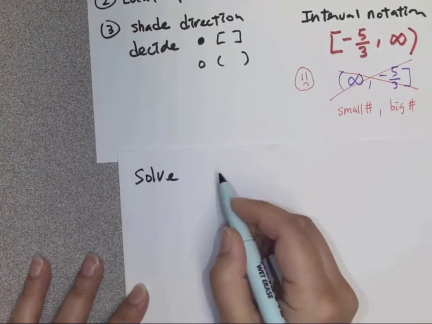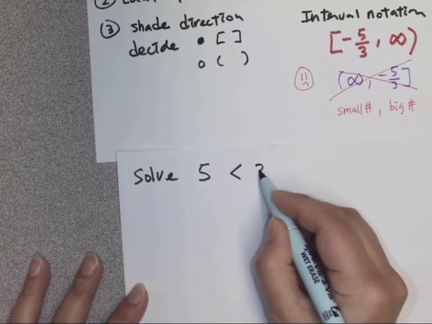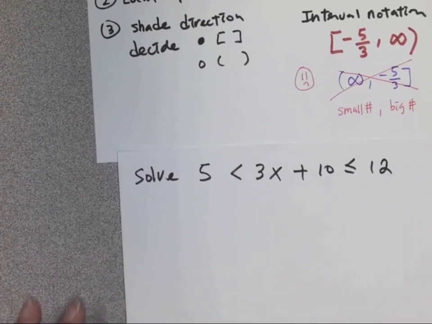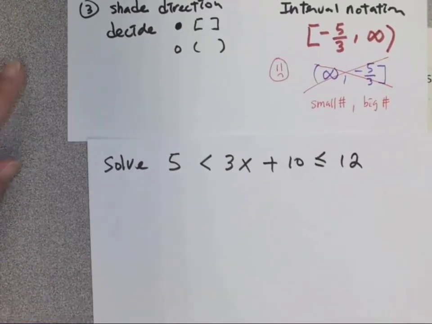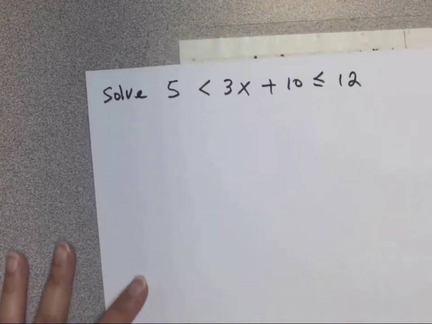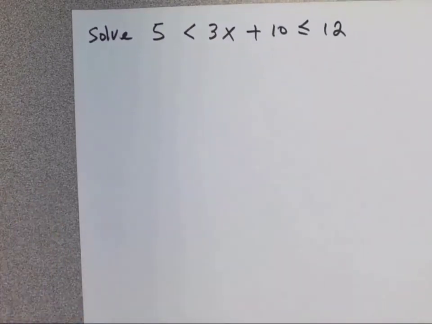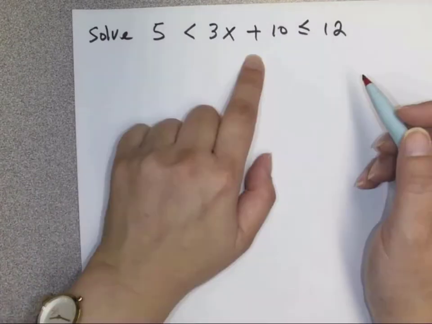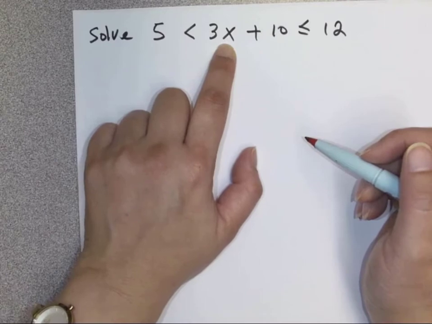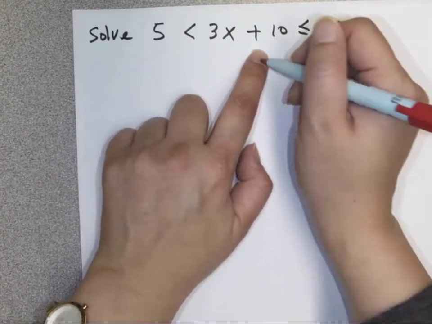Solving: -5 less than 3x plus 10 less than or equal to 12. So we're still solving for x, but this comes with 3 parts. If I want to isolate the x first, I should do what? Subtract 10 first.